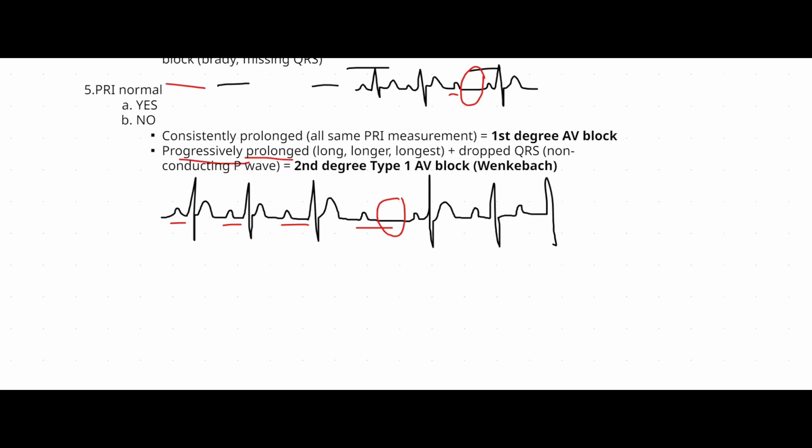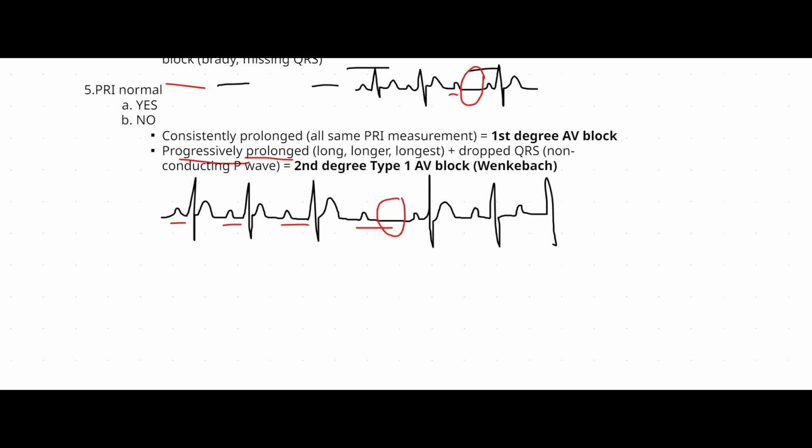In a test question, it might say it as a non-conducting or non-conductive P wave. There's a P wave with no QRS, okay? This is your second degree type 2 AV block, which is otherwise known as Mobitz 2, okay?